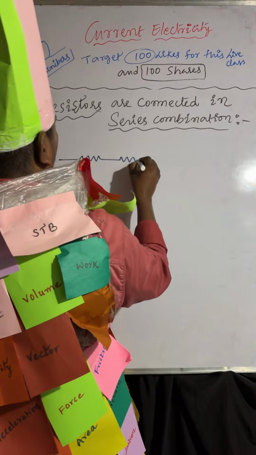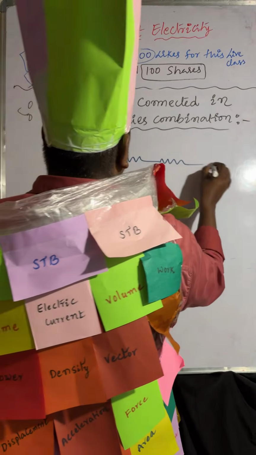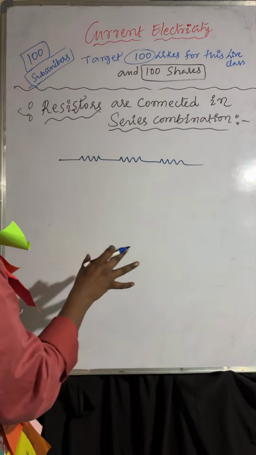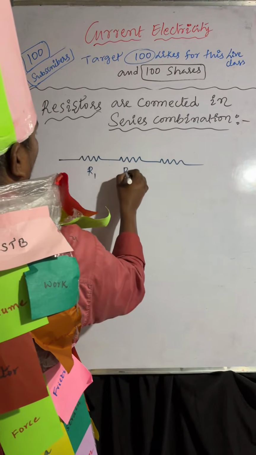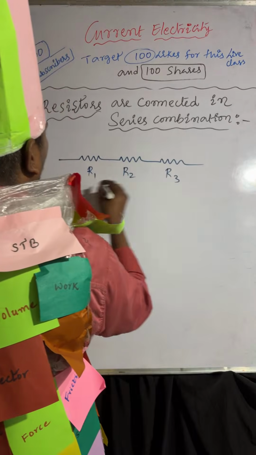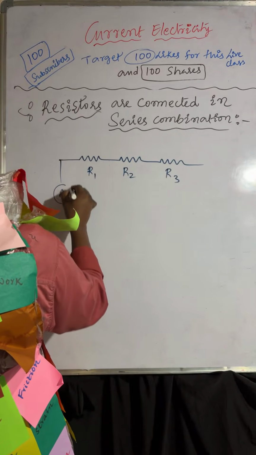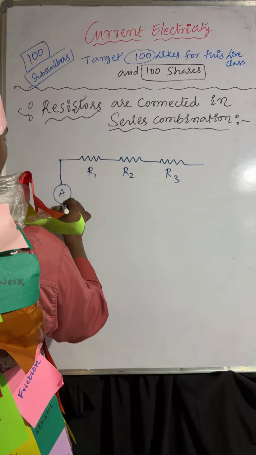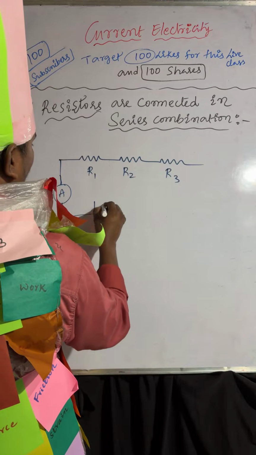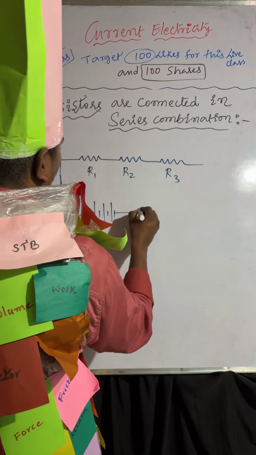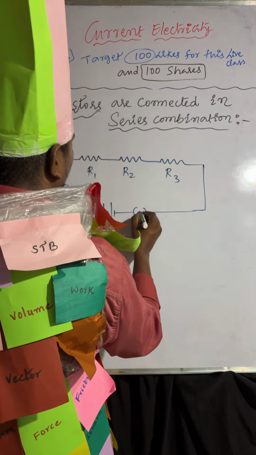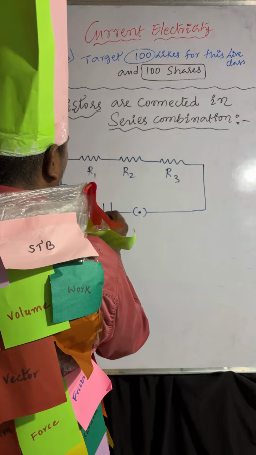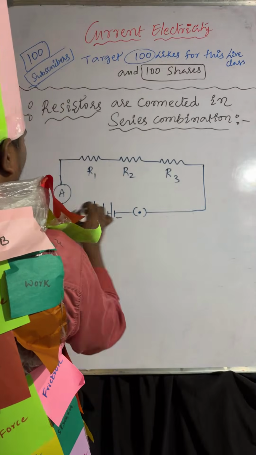1, 2, 3. Three resistors are connected in series combination. Yes or no? R1, R2, R3. An ammeter is connected here. Now here you can observe the battery and switch. From the positive terminal current is passing.